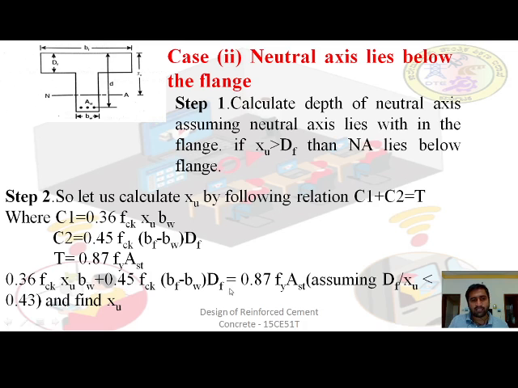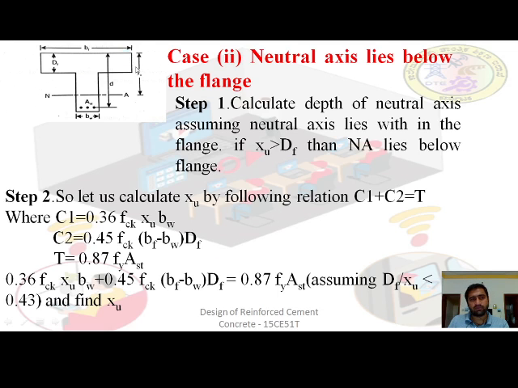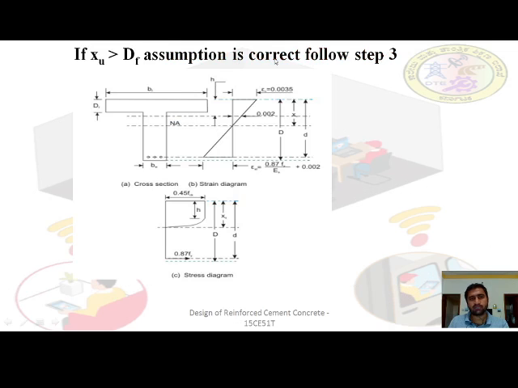Once you get the XU, you are going to check whether DF by XU is less than 0.43. If XU is greater than DF, meaning whatever XU is calculated from this equation, then the assumption is correct, and we go to the next step, step 3.